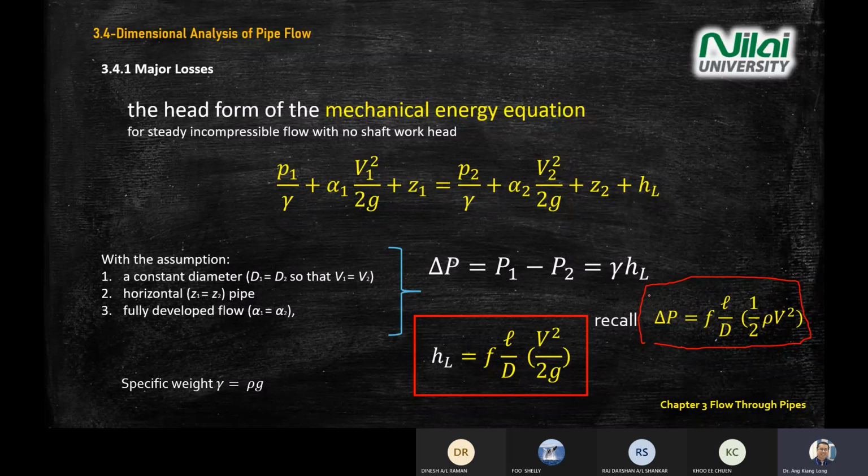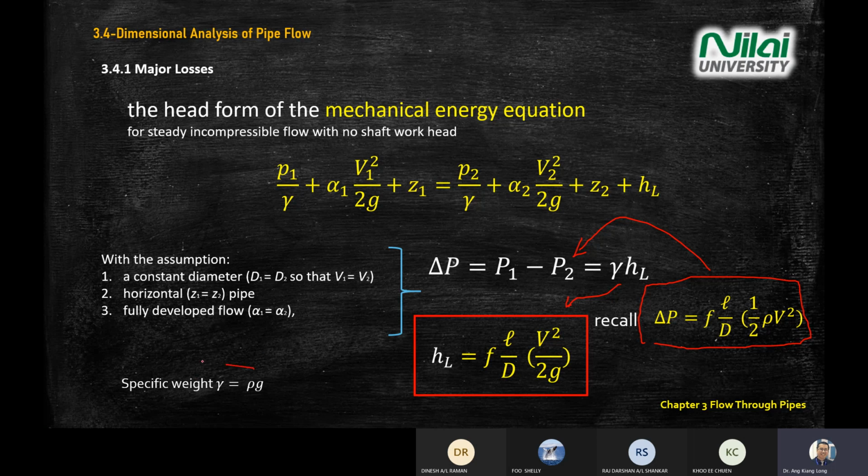You substitute this one inside here, you equate both sides, you rearrange the equation, you get this equation: delta P equals this one. You put it inside the mechanical energy equation that you derived just now, you rearrange the equation, and you will get HL equals FL divided by D, V squared divided by 2G.